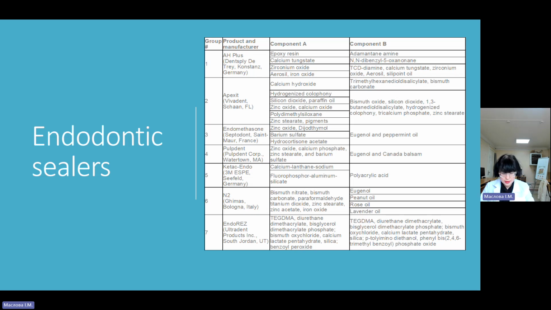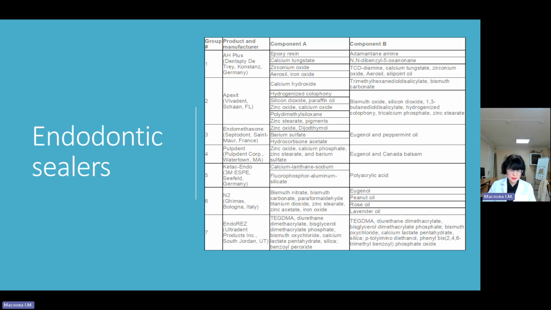This was modified, introducing a non-staining zinc oxide eugenol sealer. This formulation is marketed as this sealer. The latter is a catalyst-based sealer, which means that it has a faster setting time when compared to the earlier powder-liquid versions.